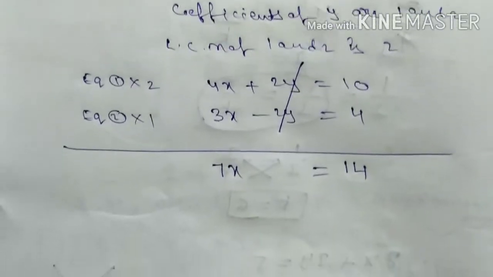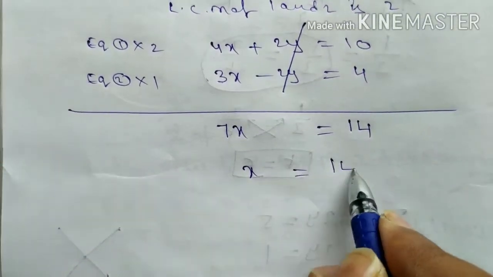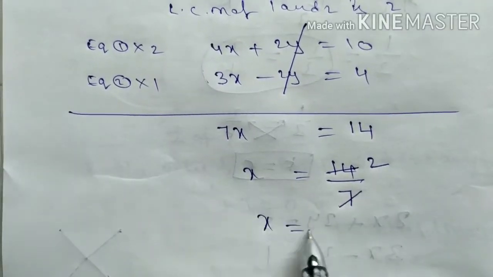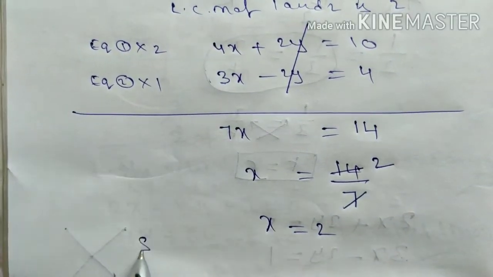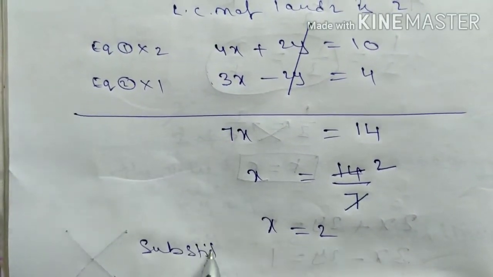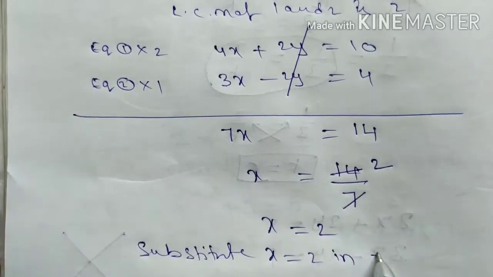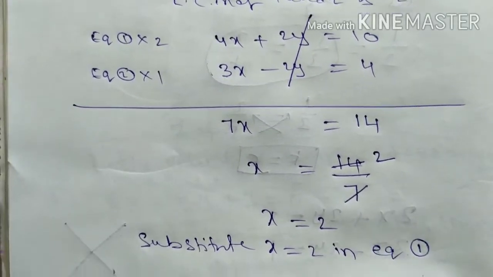Now x is equal to 14 by 7. 7 ones are 7, 7 twos are 14. So x is equal to 2. So now substitute x is equal to 2 in equation number 1 or 2, your wish. So 1 is better, I thought.